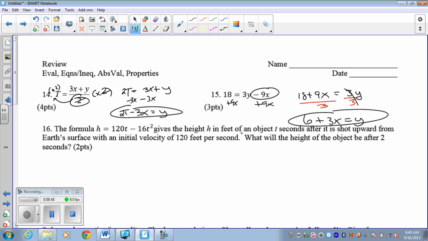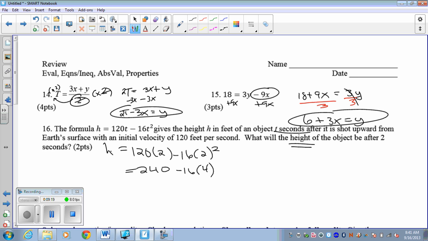Alright, down here, we want to know what the height of the object will be after 2 seconds. Well, since they tell you that t is the seconds, we can just plug in a 2 everywhere we see a t. And we want to know what the height is, so we just need to solve for h. Well, it's already isolated, so now we're just going to simplify it. 120 times 2 is 240. 2 squared is 4.